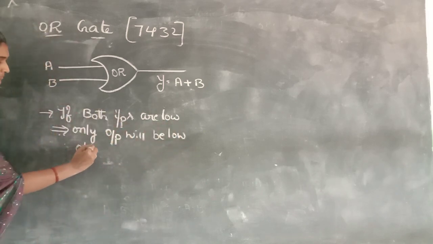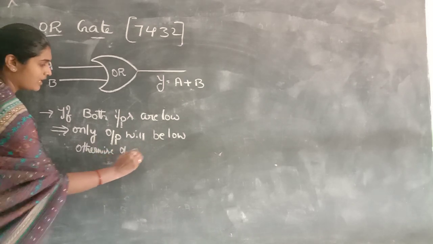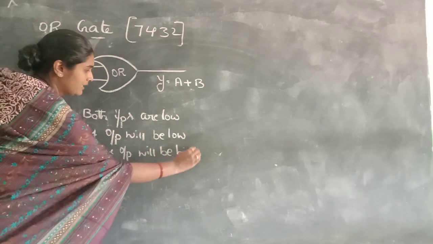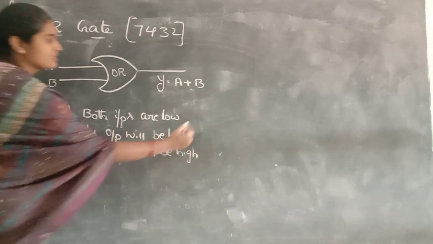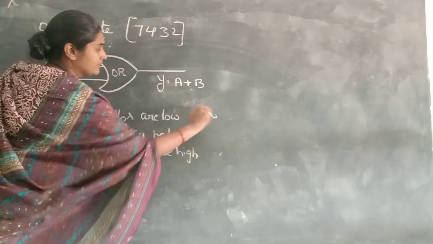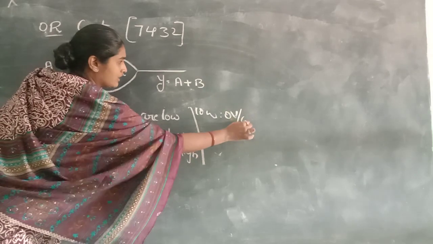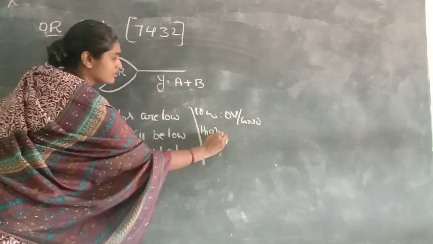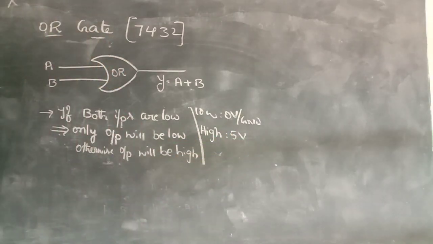Otherwise, the output will be high. Here, low is nothing but 0 volts or ground. High means 5 volts.